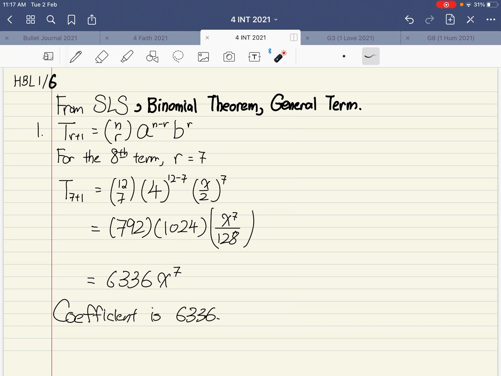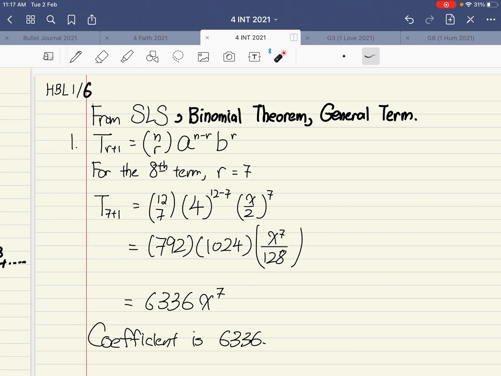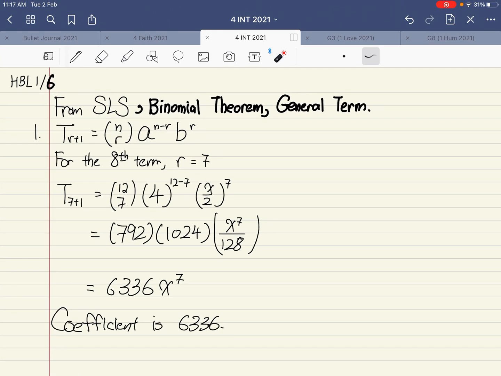The very first thing that you need to know is the general term, which is given here from the previous video. It can also be found inside your textbook. So T subscript R plus 1 is N choose R, A to the power of N minus R, B to the power of R. We have actually done this in class, so to speak. The next thing is this.